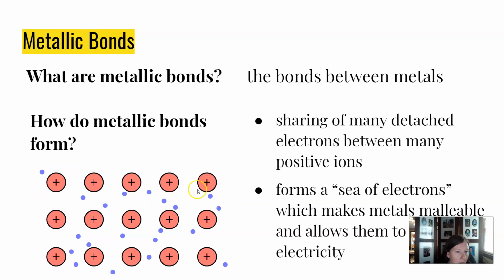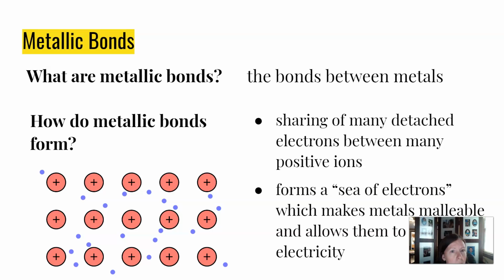This unique property of metals bonding to metals is what makes the ability for us to form and mold metal. It's also what allows electricity to flow, because those electrons can flow so easily, and that's what current is. So remember the sea of electrons.